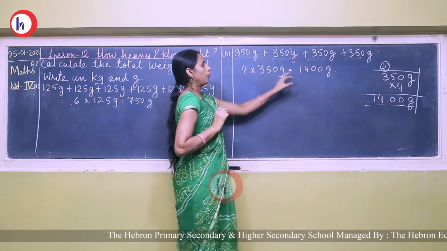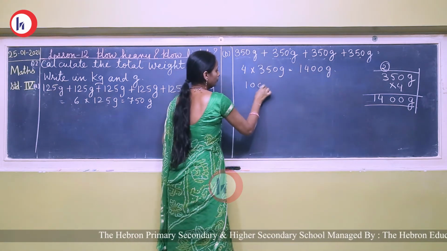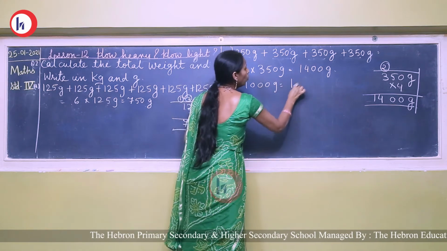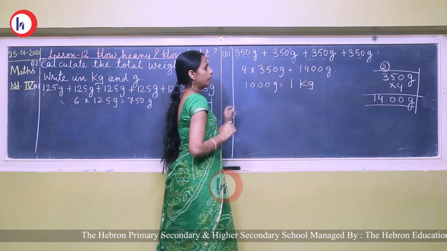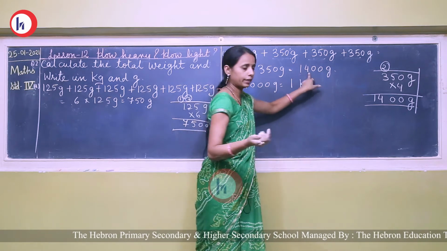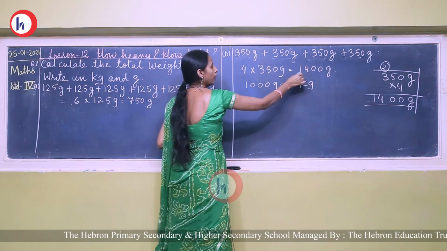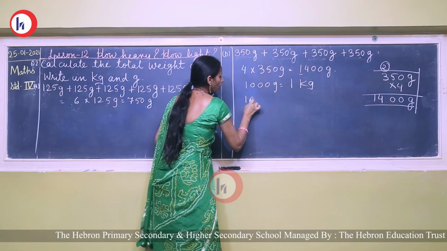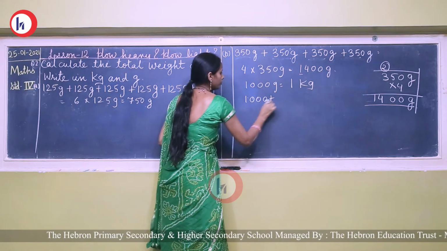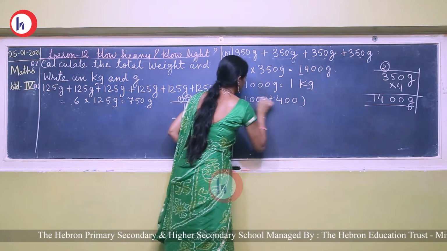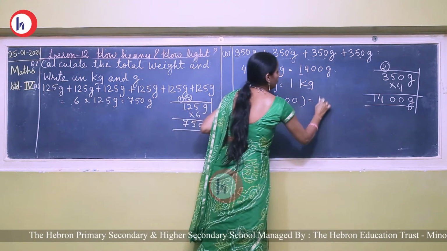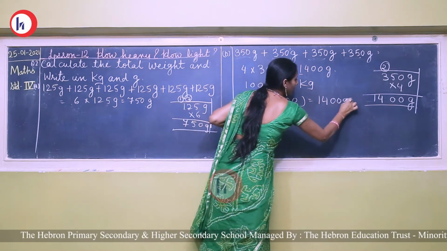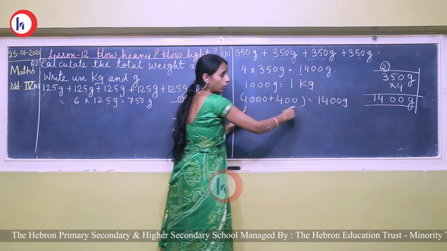Now we know that 1000 gram is equal to 1 kilogram, but here it is 1400 gram, so we can convert it into kilogram. So 1000 plus 400. See, 1400 gram is equal to 1000 plus 400.